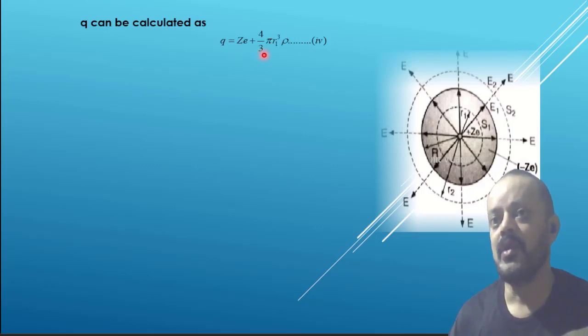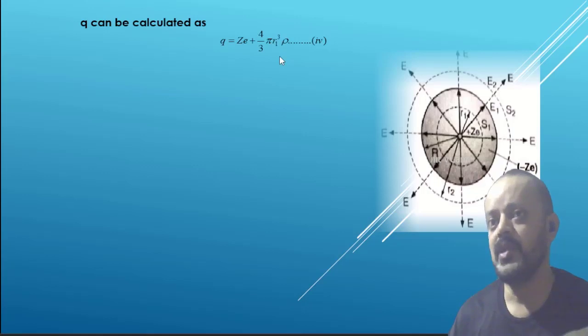So Ze plus the total amount of the negative charge. To calculate the total amount of the negative charge inside the Gaussian surface, we will multiply the volume of the Gaussian surface, 4 by 3 pi R1 cube, with the volume charge density.